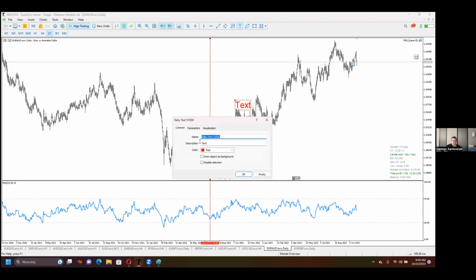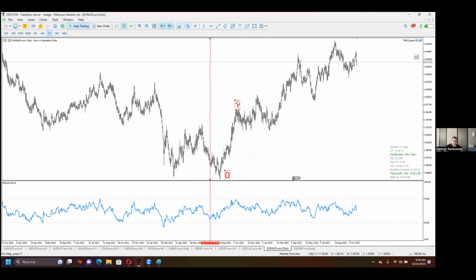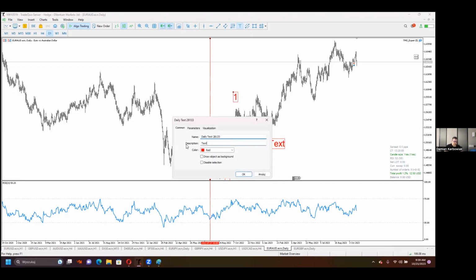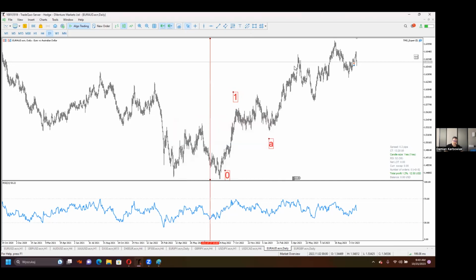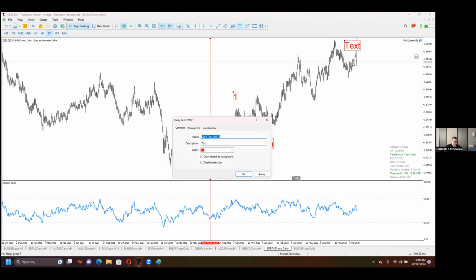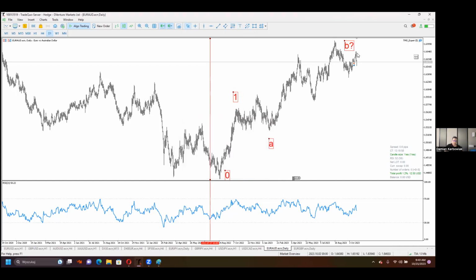Again, it doesn't really matter for now if you put it right here or right there. After that, I will go with the small a. After that, it's a nice and clear structure of the three waves B. And after that, we are missing the last part.